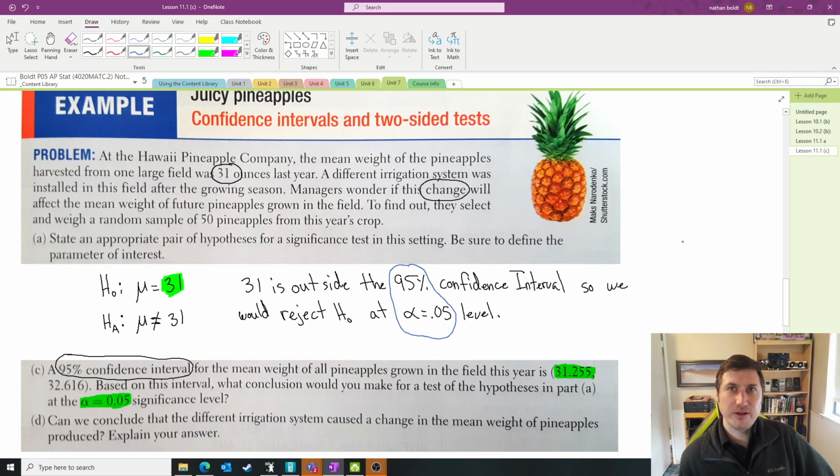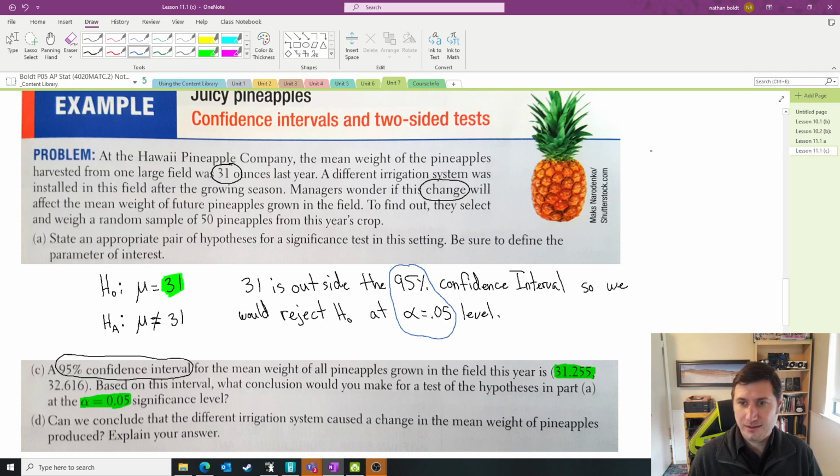See that connection right there? That's not the only option, right? A 95% confidence interval is connected with the alpha 0.05 level. Well, what about the other ones?